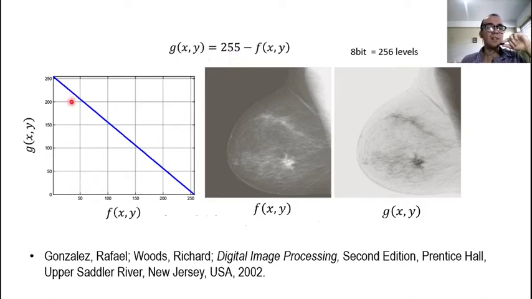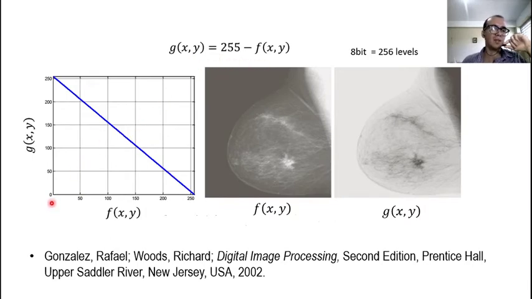If we see the graph of this gray level transformation, in the x-axis we have the input image f, and we can see, in a very simple straight line with a negative slope, how each value has its corresponding output according to this mathematical expression.